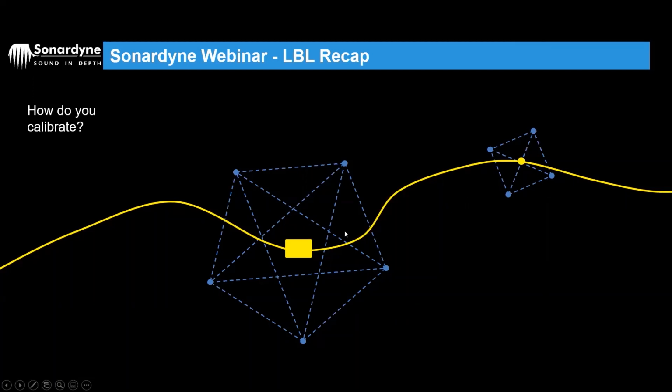Okay, but how do we calibrate these things? Just as a recap, how would we calibrate these two? Just one word or two. How would we calibrate these two? Anybody got anything?